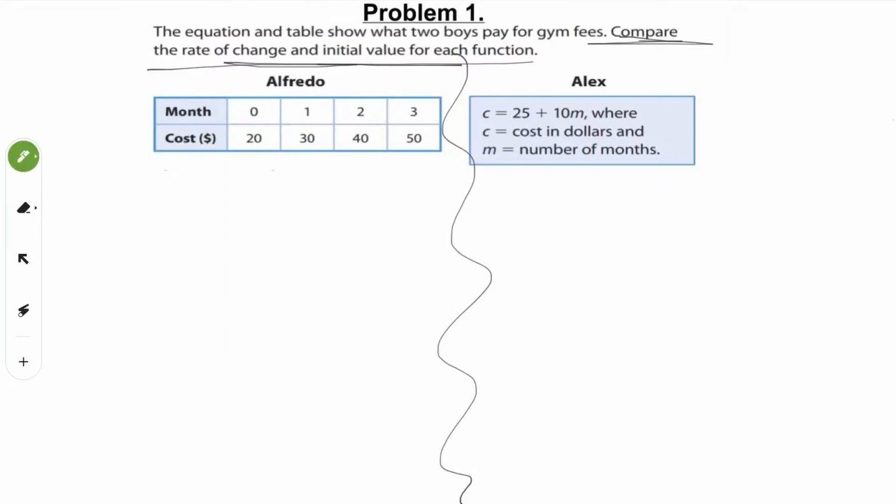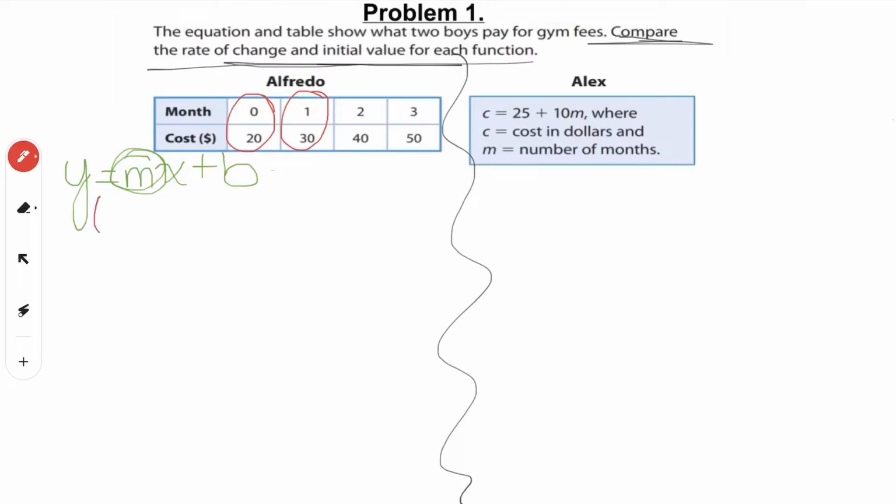Remember on the previous slide, I said that each linear equation usually comes in the form y equals mx plus b. Let's start with m, our rate of change, which we went over yesterday. First, we choose our 2 points. I'm going to choose (0, 20) and I'm going to choose (1, 30).